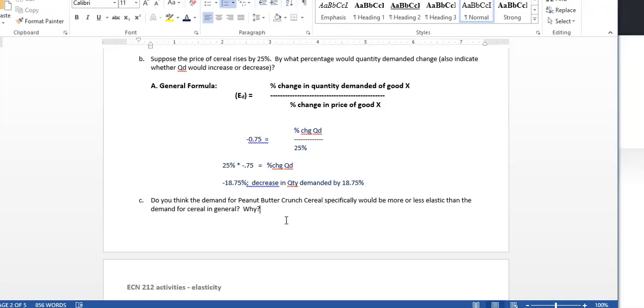So look over those characteristics and make sure you know those. Definitely that'll be on our quiz. Now this one ties in with the definition of the market. How narrowly or how broadly defined is it? Peanut butter crunch cereal is a very specific, very narrow definition of the market.